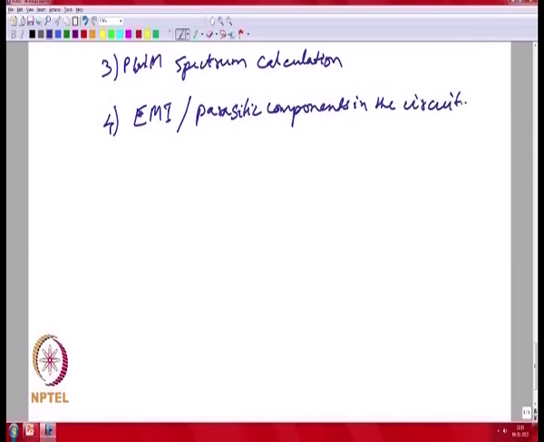A parasitic component that we recently studied is the ESR of the capacitor. What we wanted to purchase was just a capacitor, but we got a resistor along with the capacitor, which is causing problems. Similarly, when you purchase a transistor, you do not just get a switch.